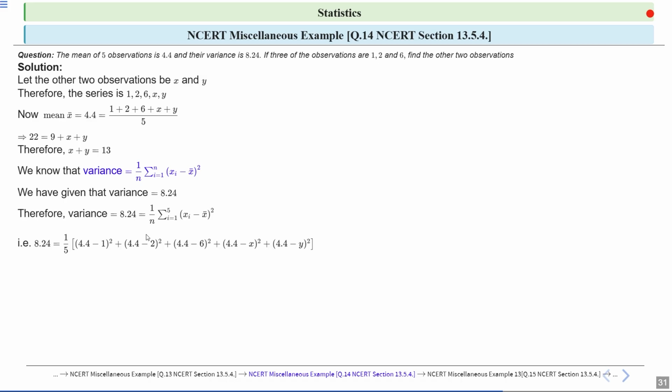That is 8.24 equal to 1 divided by 5 times 4.4 minus 1 whole square plus 4.4 minus 2 whole square plus 4.4 minus 6 whole square plus 4.4 minus x whole square plus 4.4 minus y whole square. It implies 8.24 equal to 1 divided by 5 times 3.4 whole square plus 2.4 whole square plus 1.6 whole square plus x square plus y square minus 2 times 4.4 times x plus y plus 2 times 4.4 whole square.